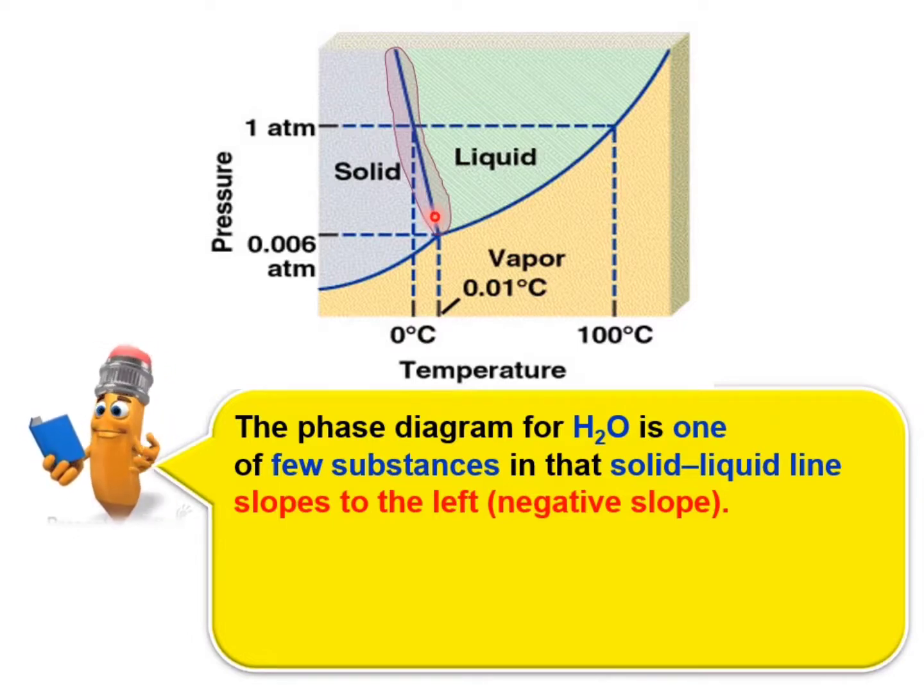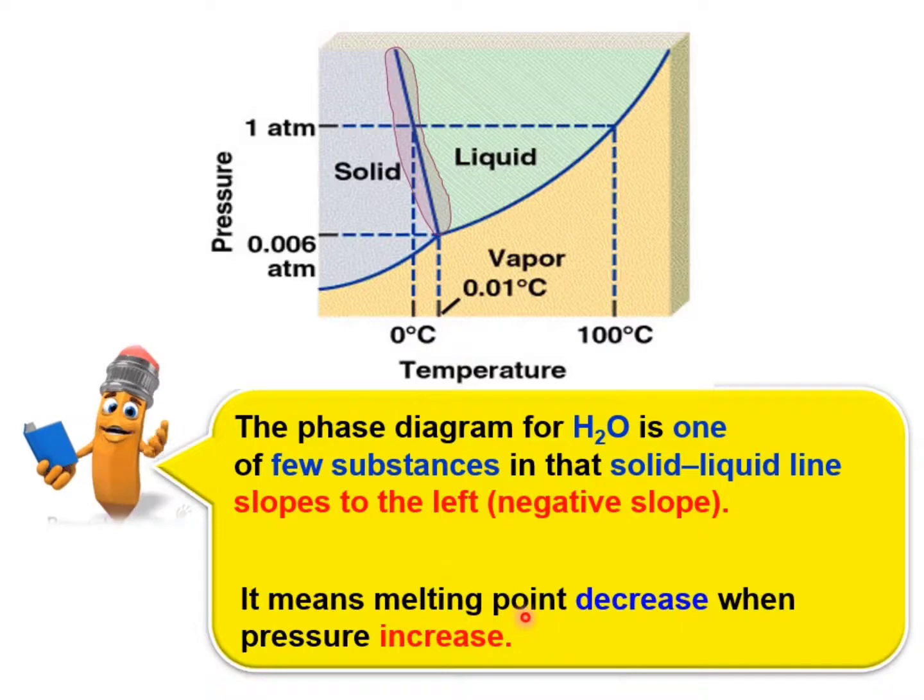Kalau carbon dioxide just now, dia condong ke arah kanan. So itu adalah positive slope. Most of the substance in the world, biasanya phase diagram dia adalah positive slope. But only H2O lah yang biasanya yang agak ganjil sedikit, di mana phase diagram dia adalah negative slope.